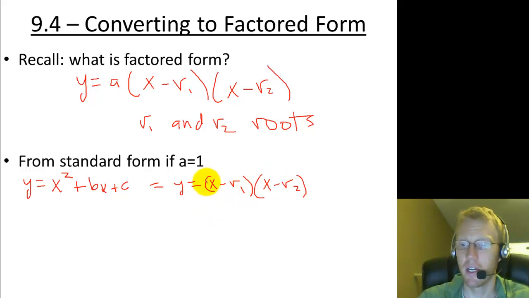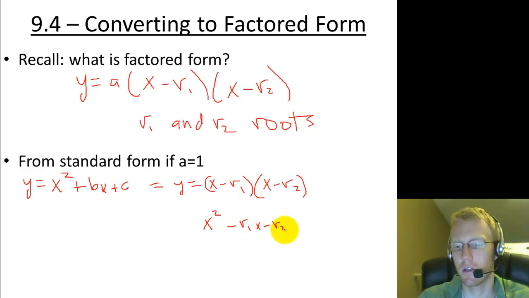We FOIL it out. If we were to FOIL this out, we would get x squared minus r1x minus r2x plus r1 times r2.